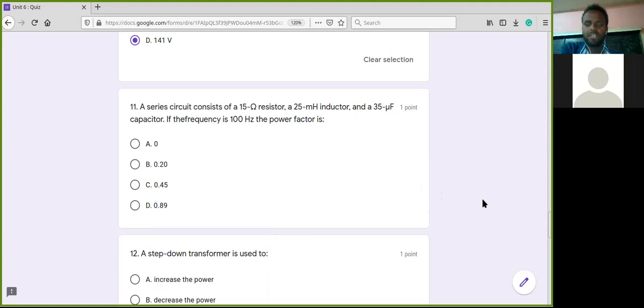So 15.7, very good. Minus what was XC? 4549.59. The angle is negative, divided by the resistance, how much?